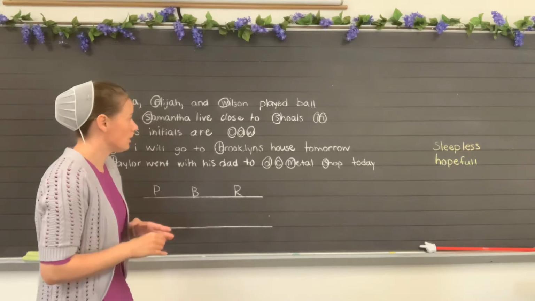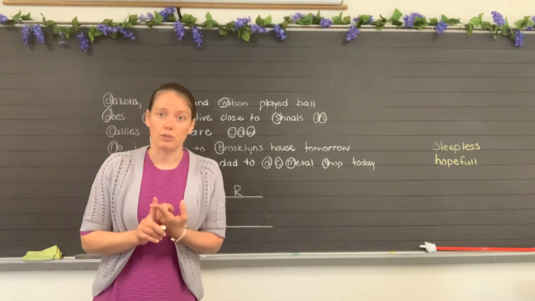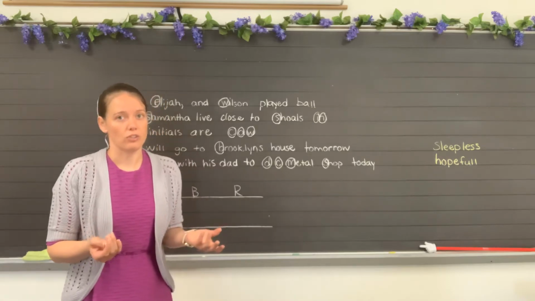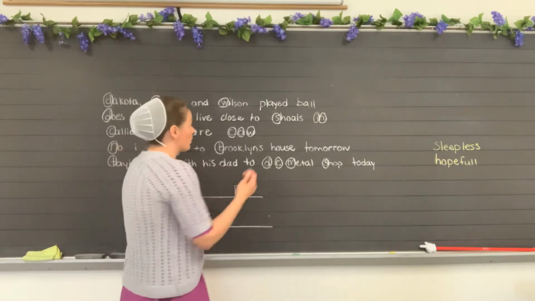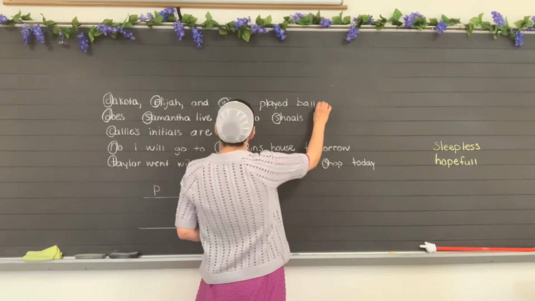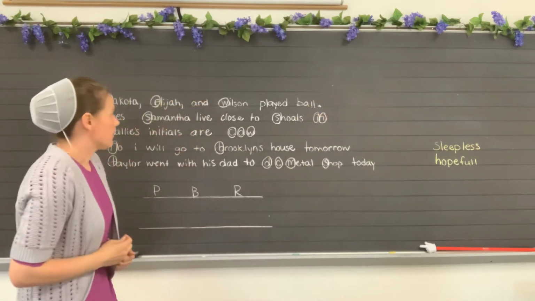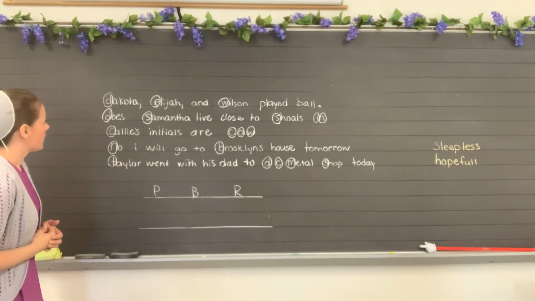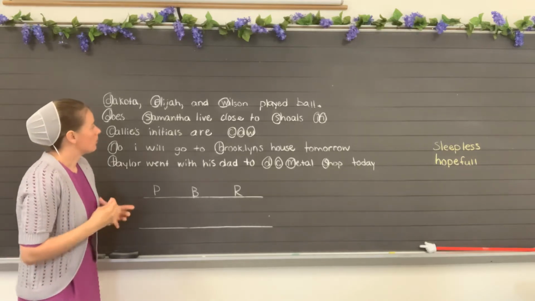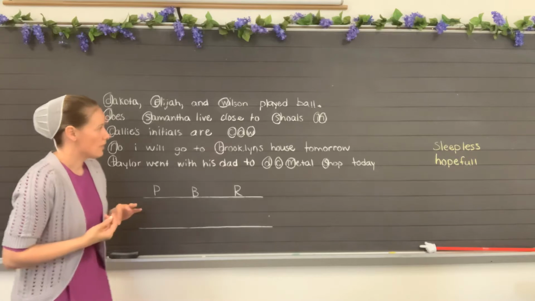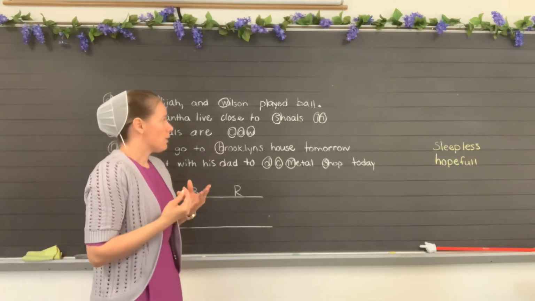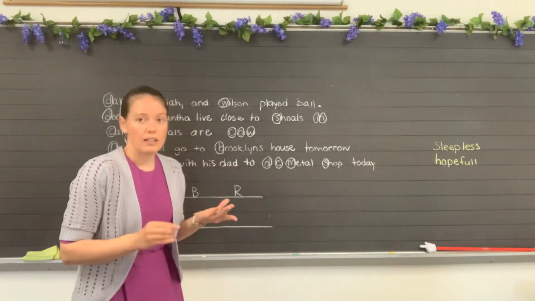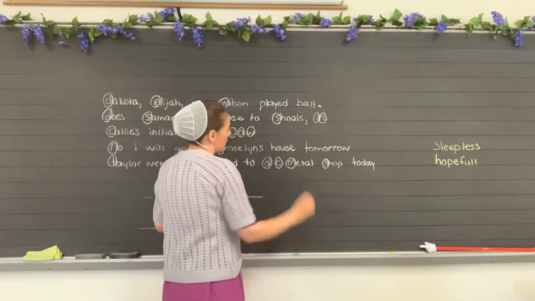We also need an end punctuation mark, because every sentence needs a period or a question mark or something like that. So we'll put a period there because it's a telling sentence. Okay, and now we have the next sentence. Does Samantha live close to Shoals, Indiana? So we have a city and a state there, and you always need a comma right after the city.